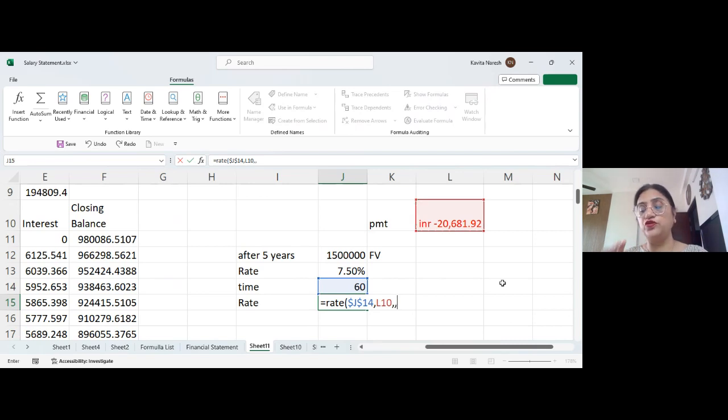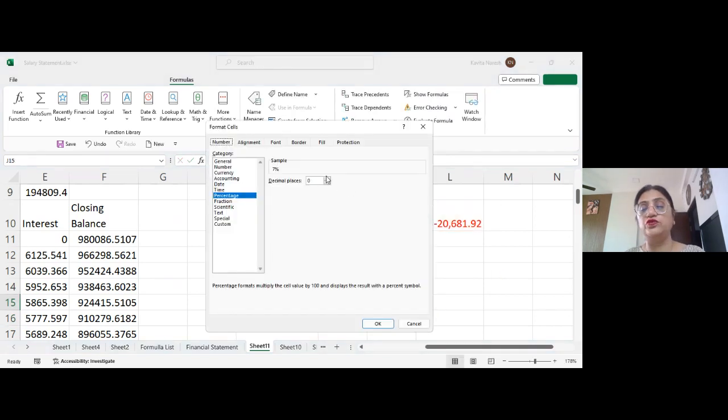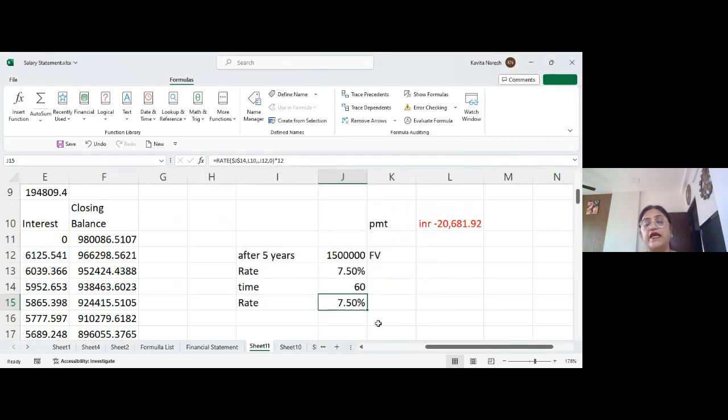Comma, comma, because you don't have PV, you have FV. Comma 0. Enter. Then you have to multiply it by 12. Press Control 1 and set it to 2 decimal points. See, you are getting the rate as 7.5. So you can cross check it.